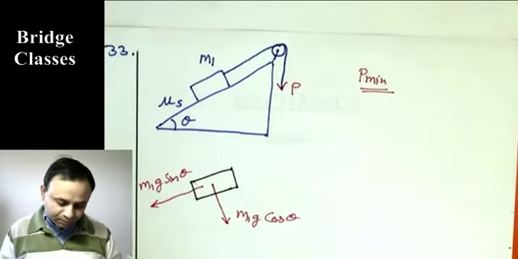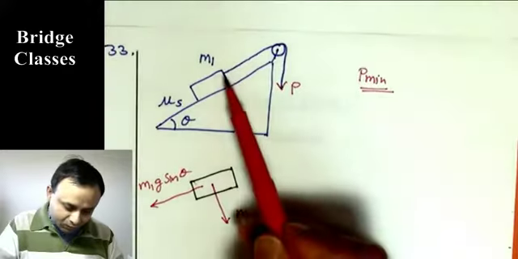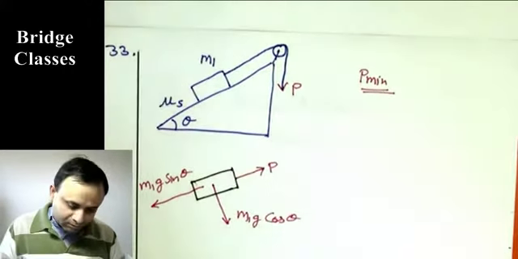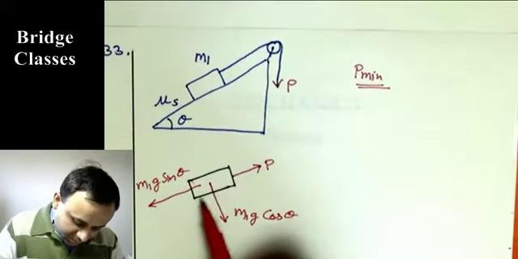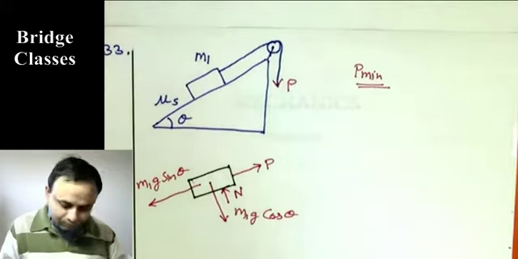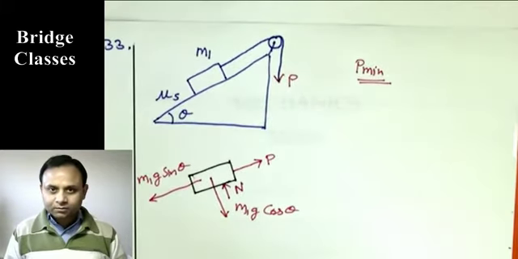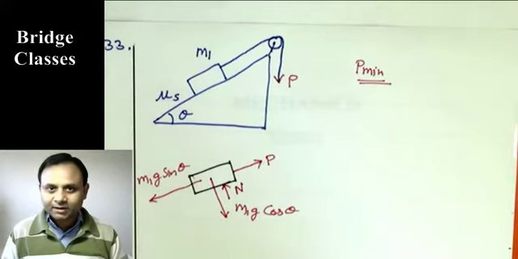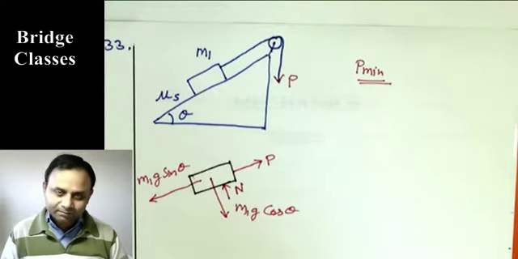That is the weight of the body. And then there is force P in this rope here, and normal reaction from the surface, let us say that is N. And frictional force. We know frictional force will be mu s N because this is the case of impending motion. But in which direction?